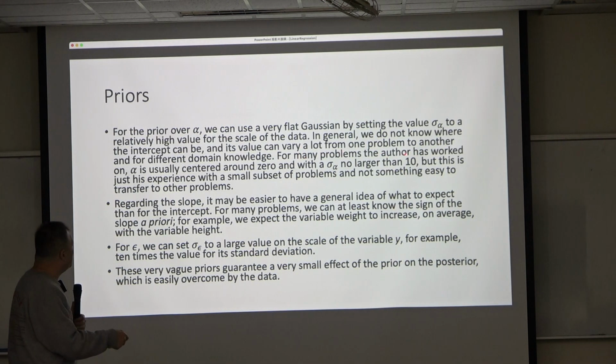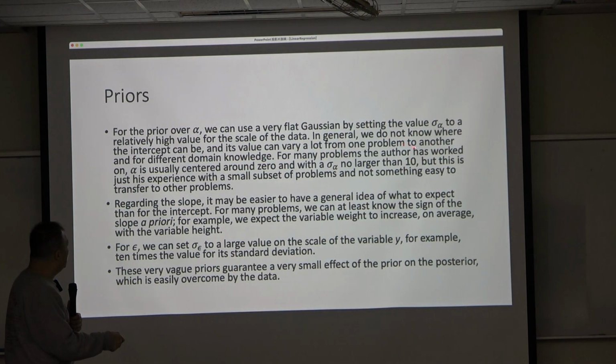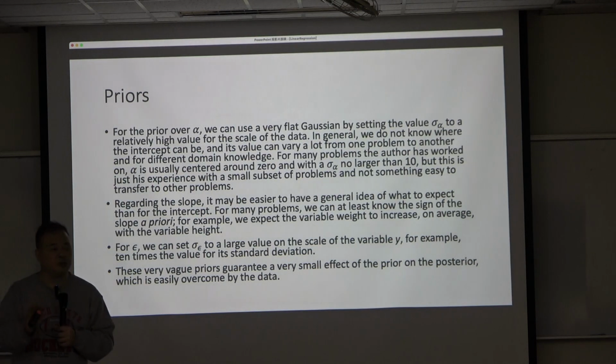So for many problems, its value can vary from one domain to another, depending on domain knowledge. The author of the textbook has worked on problems where alpha is usually centered around 0 with sigma alpha no larger than 10. That's the author's experience.